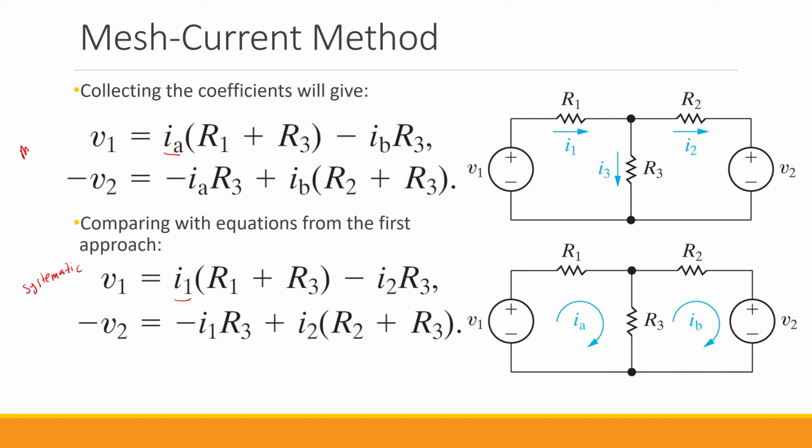This one is the mesh current. If you look closely, you see that IA and I1 are exactly the same. IA equals I1. Also, we see that IB and I2 are exactly the same.